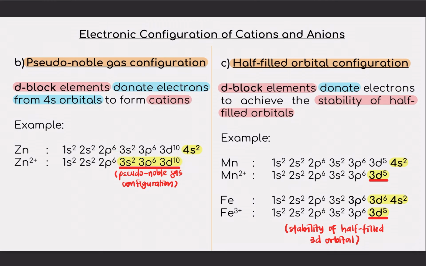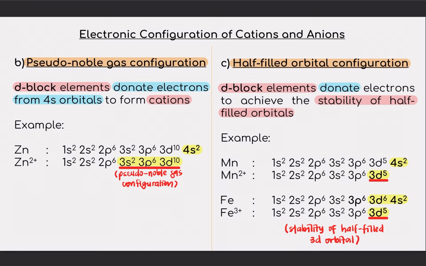Next type of stability is the half-filled orbital configuration. So you've learned about half-filled orbital stability. Half-filled orbitals are very stable, right? So this applies to d block elements that donate electrons to achieve the half-filled stability for their orbital.